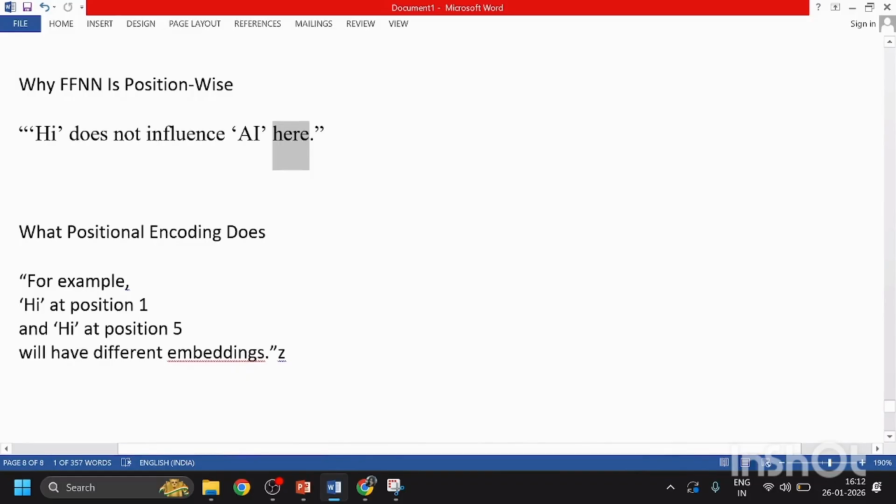Here is what positional encoding does: it adds position information to the word embedding.